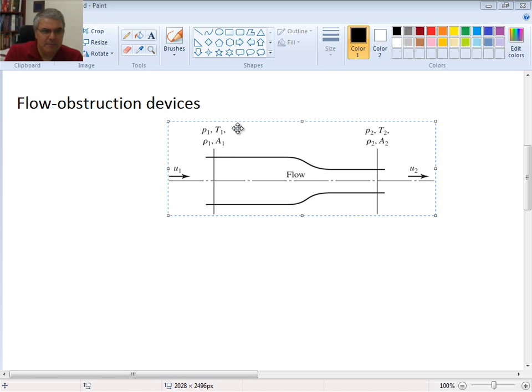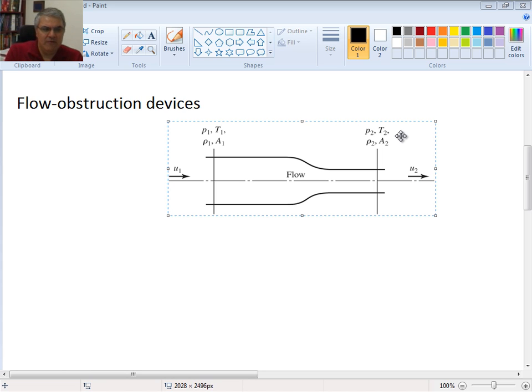Upstream we have P1, T1, rho 1, A1, meaning the pressure, temperature, density, and area upstream, which could be different from the pressure, temperature, density, and area downstream. It's important to realize that.